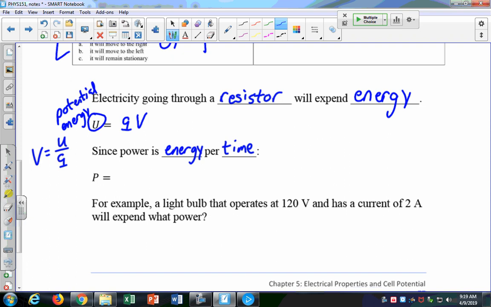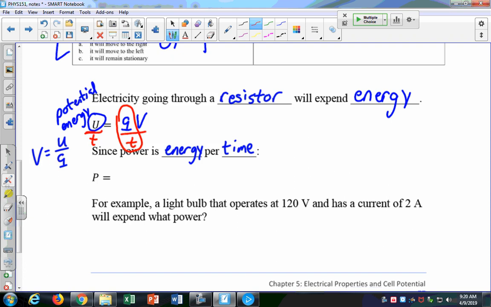Since power is energy per time, if I just divide both of these things by time, what is this expression right here? What is Q divided by T? Charge per time. And we've seen that. What do we call that?